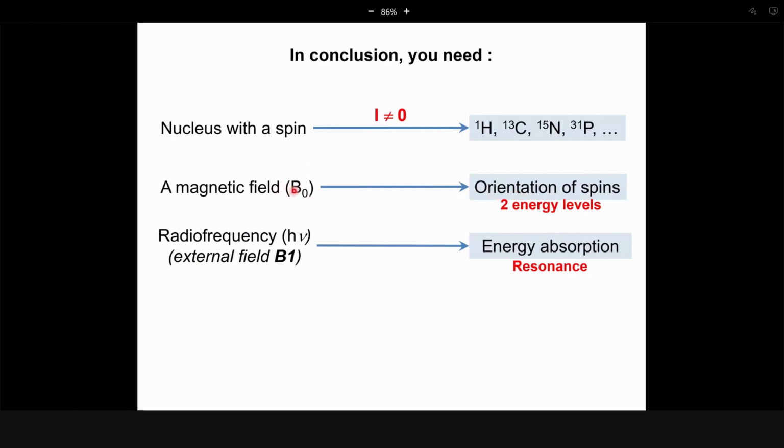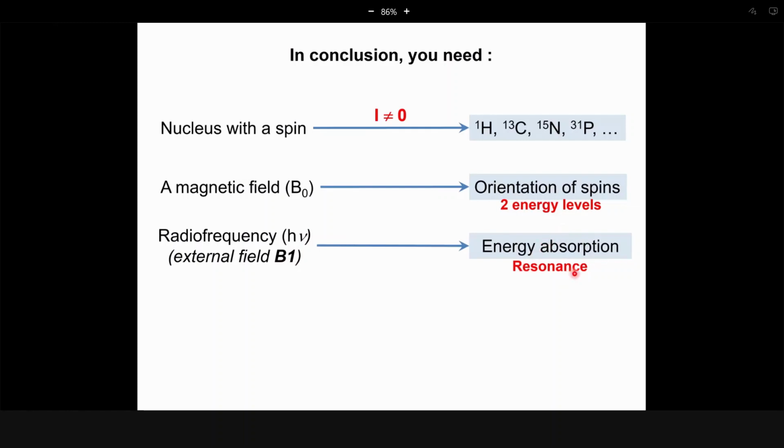This first magnetic field will make the distribution of the nucleus between two levels of energy, and a second external field, which is called B1, will depend on the frequency, and so the difference of energy between the higher and the lower level. This B1 will generate the exchange between these two levels of energy, and this is called the resonance.